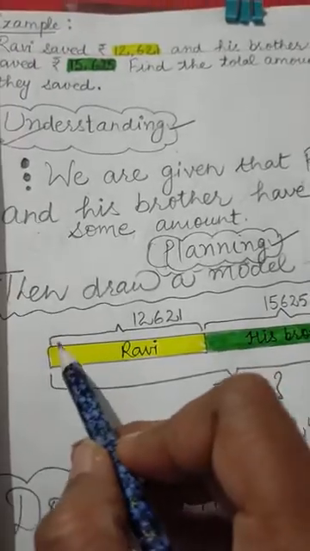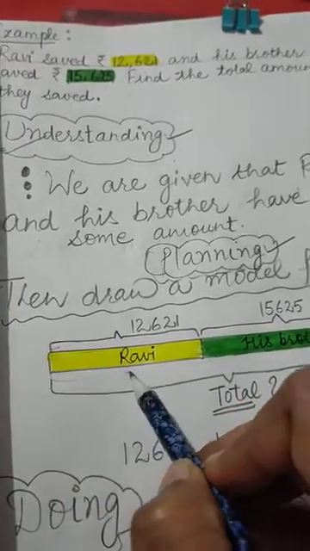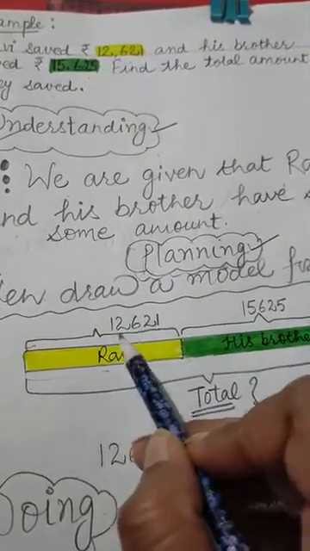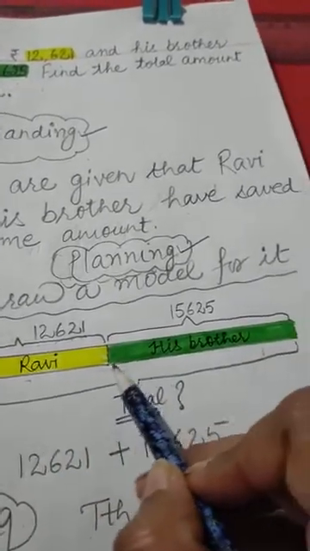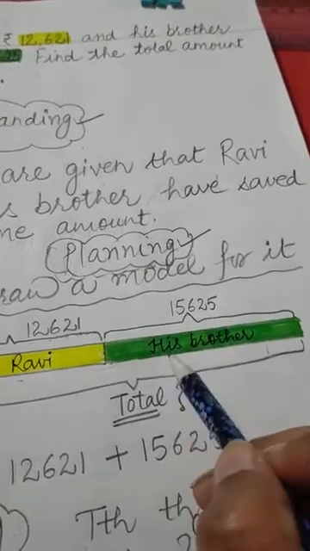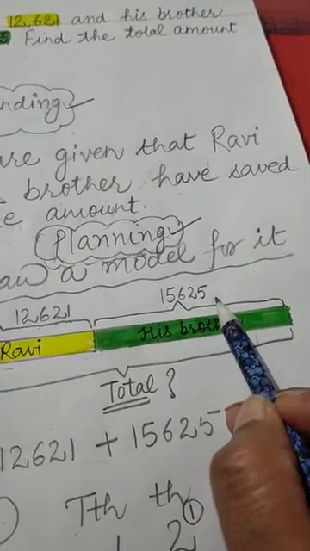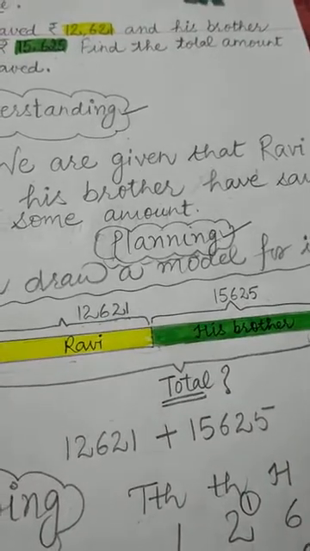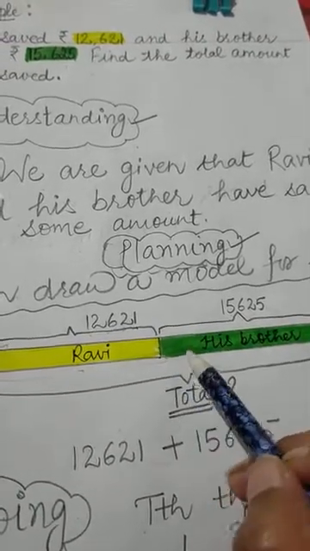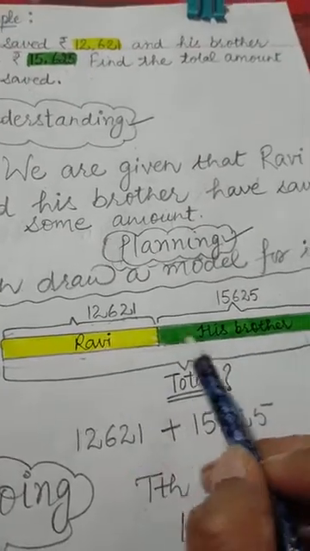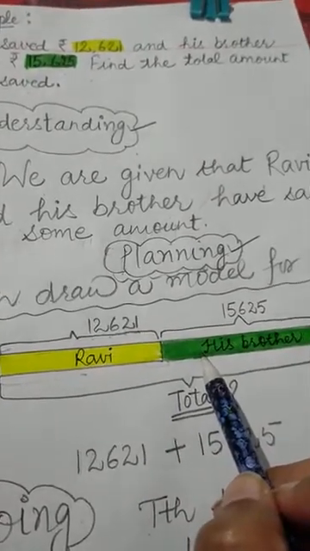Model means draw one yellow color box for Ravi, that is 12,621, and draw one green box for his brother, that is 15,625. You can choose any colors, not necessarily yellow and green as ma'am has used. Use your favorite colors for drawing the model.